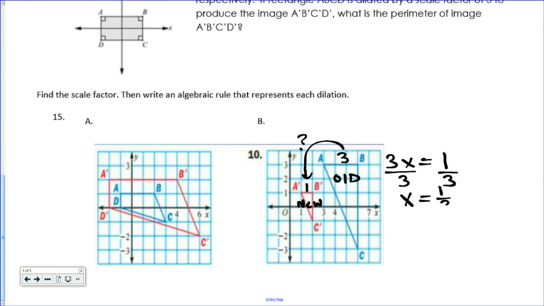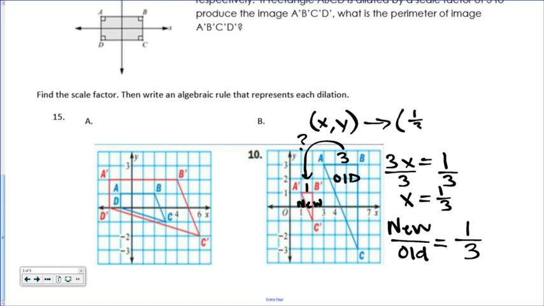So your scale factor is 1/3. Okay, if you use new over old, then new over old tells you that the new length is 1. The old length was 3, so you still end up with 1/3. And your rule should be xy to 1/3 x, 1/3 y.